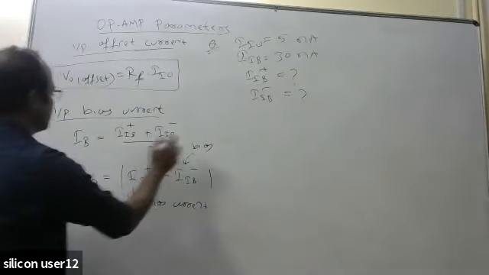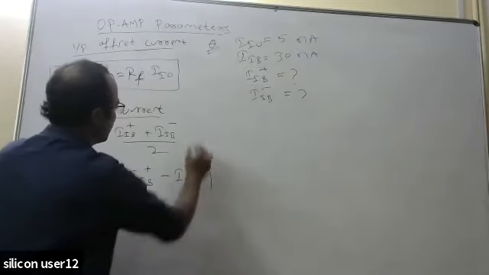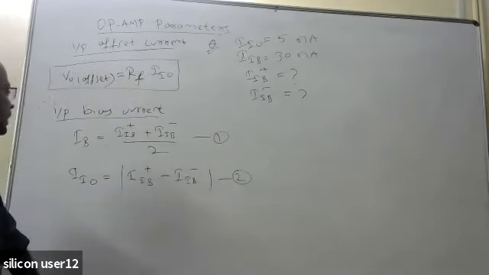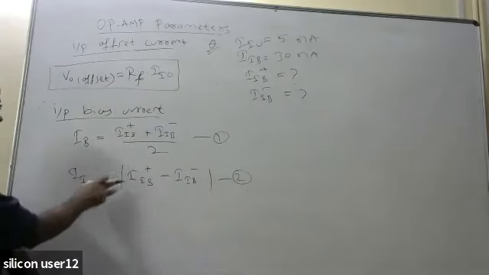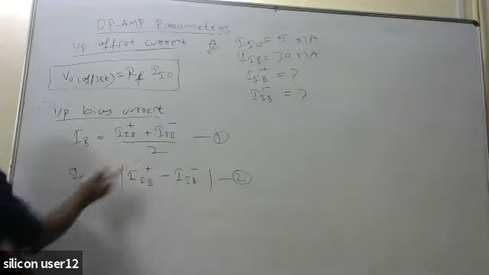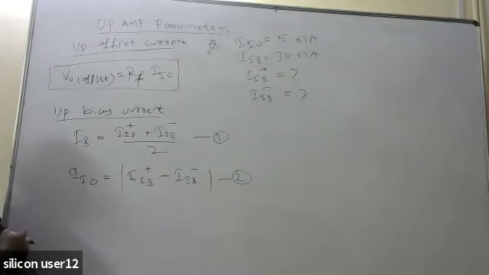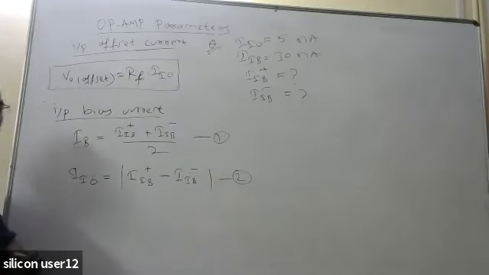One thing, if this was given as equation number 1 and this one is equation number 2, by solving these you can find out how much is IIB plus and how much is IIB minus. Solving them a little, you get the expressions. From equation 1 and 2 you can find the expression for IIB plus and for IIB minus.